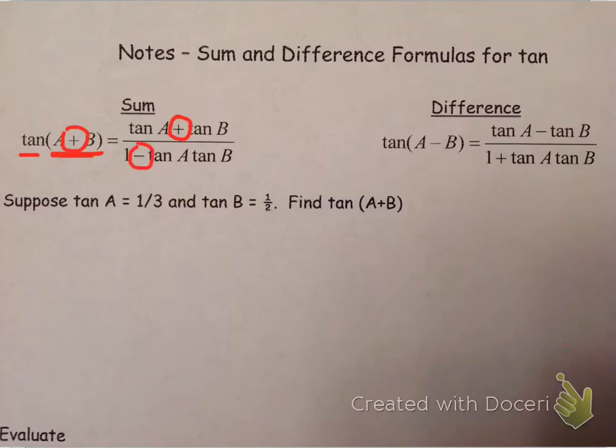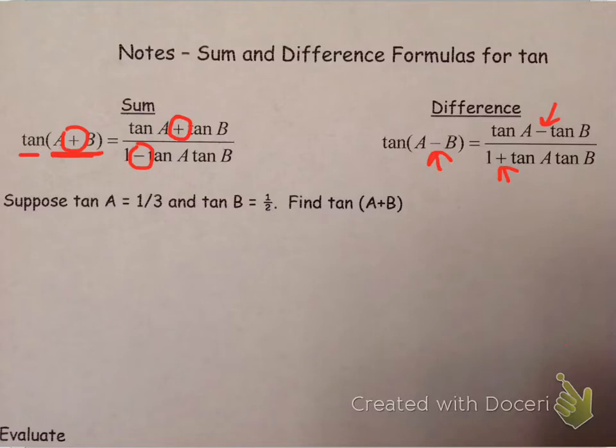So if the two angles are being added, then the tangent values on top are added and the values on bottom are subtracted, which means the opposite's also true. If the angles are going to be subtracted before you evaluate tangent, then there's going to be subtraction in the numerator and addition in the denominator.